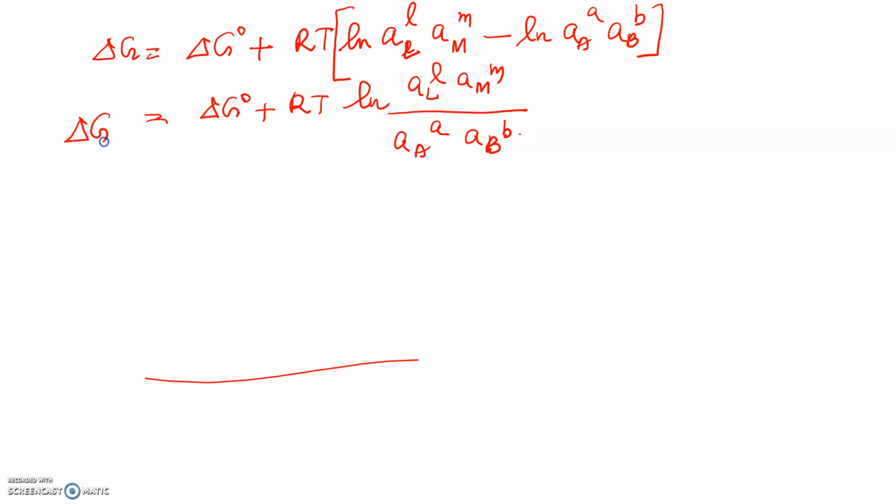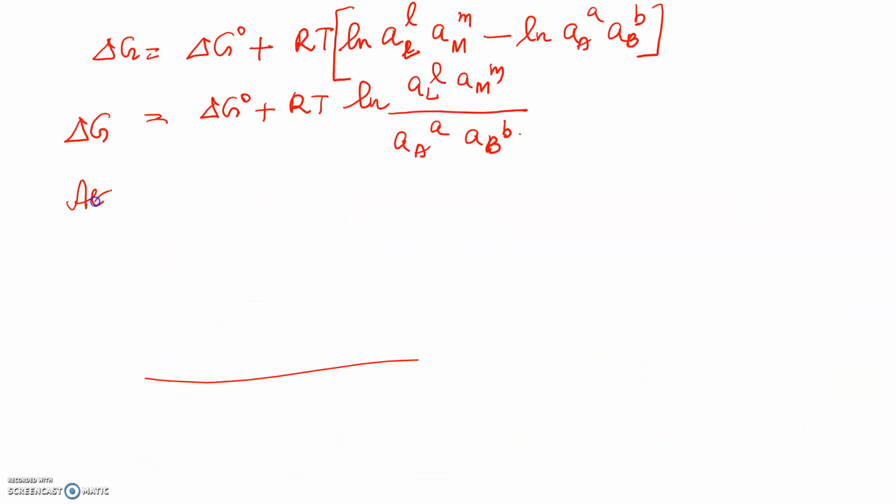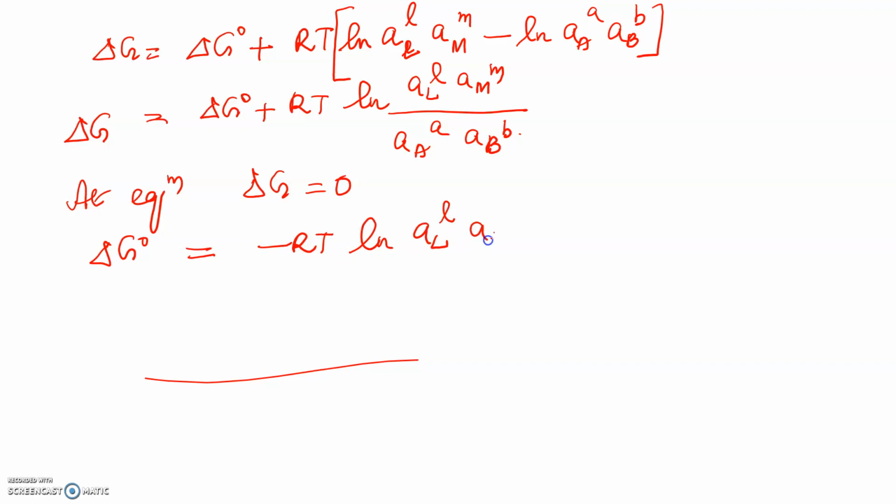Now we have obtained the free energy change for the reaction aA plus bB giving lL plus mM. But when the reaction has reached equilibrium, what happens? Delta G is equal to 0. At equilibrium, delta G is equal to 0. Then this equation can be written as delta G0 is equal to minus RT ln of a L raised to l a M raised to m divided by a A raised to a into a B raised to b.